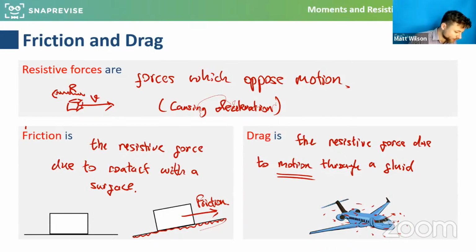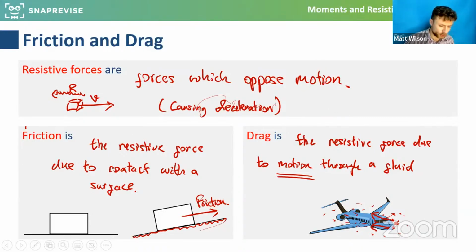And when you bump into that stuff, when you bump into the particles of air, for example, by Newton's third law, they act with an equal and opposite force back on you. So as you try to move through a fluid, it tries to push you back due to Newton's third law. And that's where this resistive force is coming from.